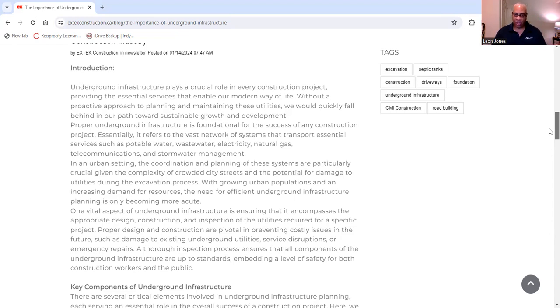Also involved would be service disruptions or emergency repairs. A thorough inspection process ensures that all of the components of the underground infrastructure are up to standards, embedding a level of safety for both construction workers and the public.